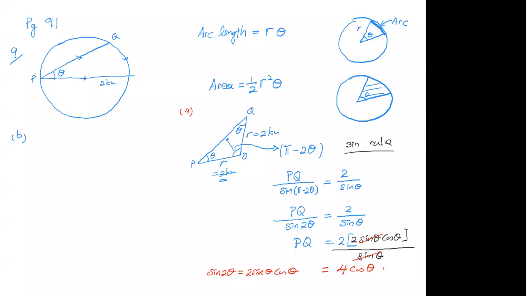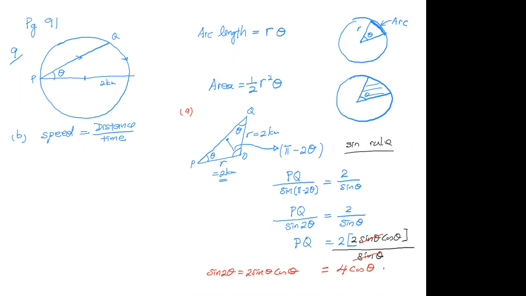So for part B, you have to know this formula. Speed is equal to distance over time.